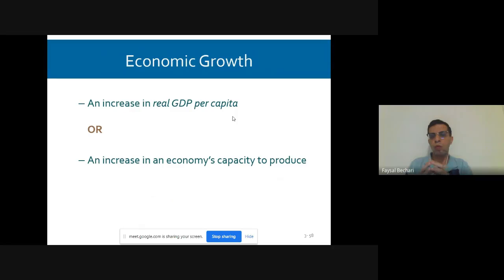Now, when we have real economic growth, economic growth basically means an increase in the real GDP per capita, or an increase in the economic capacity to produce. So there are two ways of looking at it. One is when your growth increases per capita, and the other is when you increase the economy's capacity to produce.